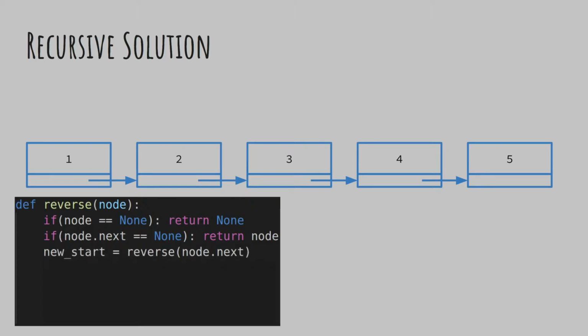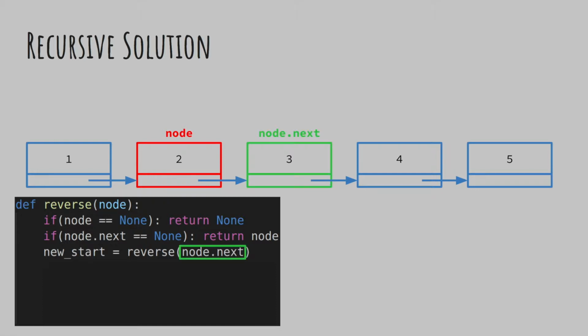And in the third step, we will do the recursive step. That recursive step requires that we reverse the linked list starting at the next node, and then we will append our current node to that reversed linked list. So for example, if our current node is the node with value 2, we will reverse the list starting at value 3.